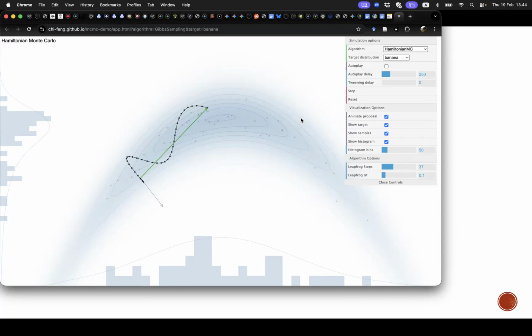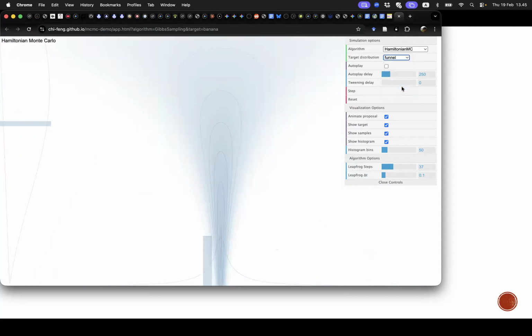So yes, and if we want to be nitpicky, it's about the step size and it's about the mathematical formulation of the model. Because sometimes you have funnels, where in certain regions of the posterior space you want to have big steps, and in other regions you need very small steps. There is no one step size that optimally explores the space.